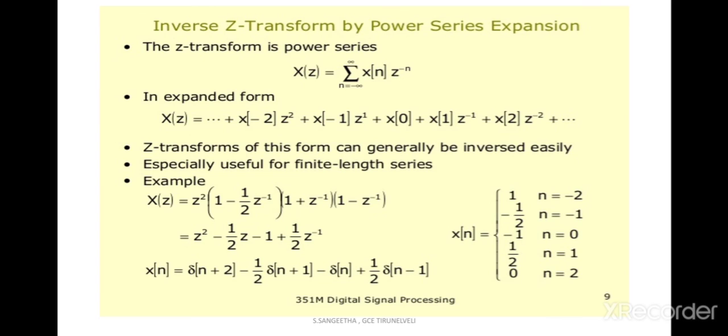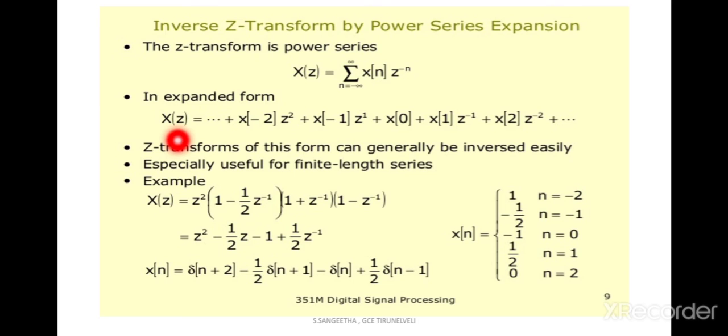So next we are going into the third method, that is inverse z transform by power series expansion. In power series expansion we have the expression of capital X of z is equal to summation of n equal to minus infinity to infinity x of n z to the power minus n. So this is the z transform in power series.